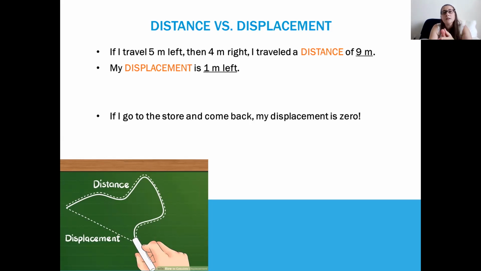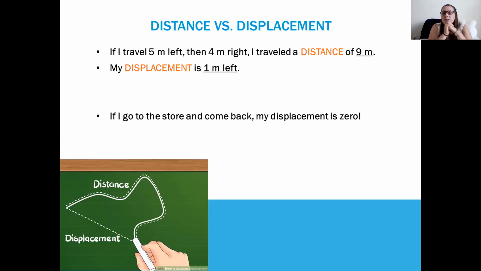Okay, and we have to specify that our displacement is to the left because it's a vector. The direction matters. It matters if you are 1 meter left versus 1 meter right versus 1 meter north. You'll be in a completely different place. So that's the difference between distance and displacement.